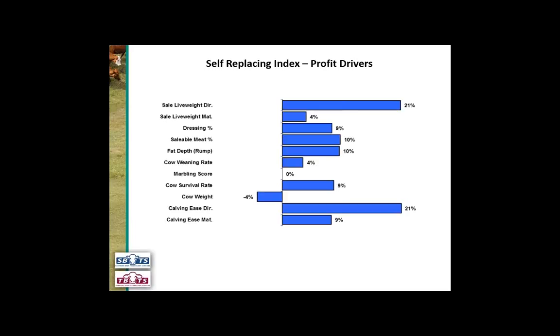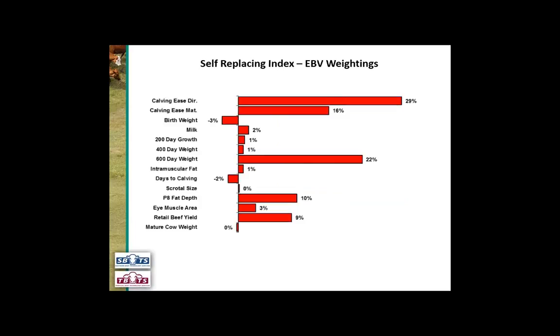So what we can then look at is what we call the red graph, and what the red graph shows us is the proportion of, or the weighting that is put on, the individual EBVs which are available for that particular breed. And so you'll see all of those traits down the left-hand side have EBVs available.